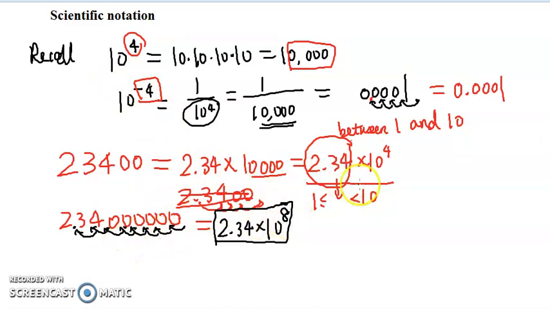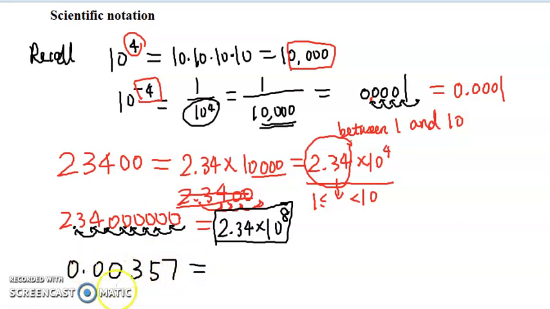But in the medical area, we often have very small dosages. In biology, we may have atoms or molecules with a very small size, so we could have numbers that are very, very small like this. So let's try maybe 0.00357.